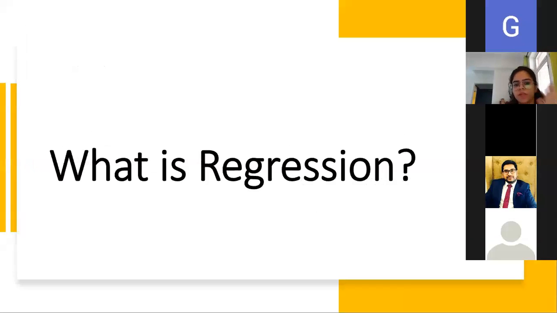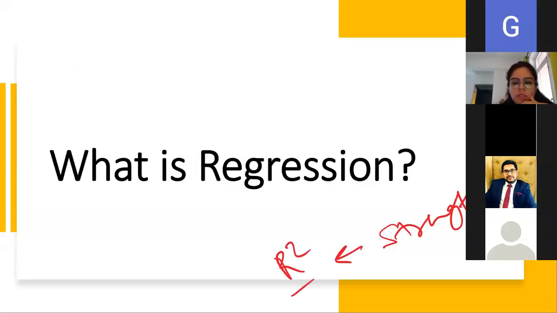What do you understand by it? Measures strength of the relationship between two variables. The strength of the relationship is measured by just one thing, that is called R square. So regression is not that, but quite close. What is regression?